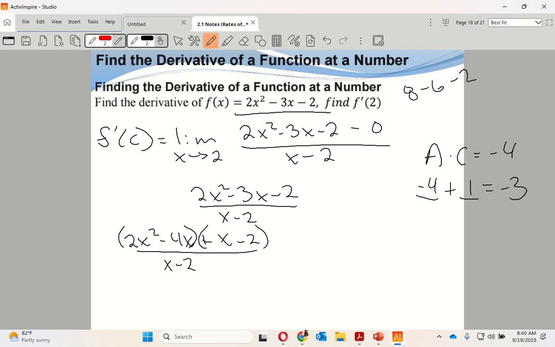I can take a 2x, right? And I'm left with x minus 2. And this next one, positive 1. There's always one thing you have to take out when you factor by grouping, so it could be just 1 if that's what I already have. So positive 1, and I'm left with x minus 2.